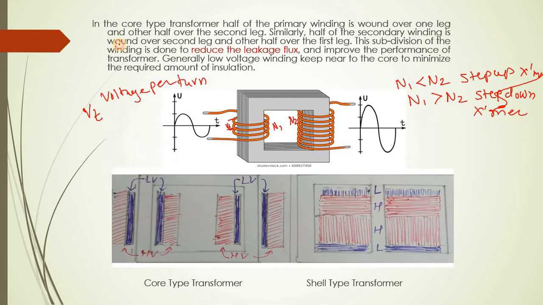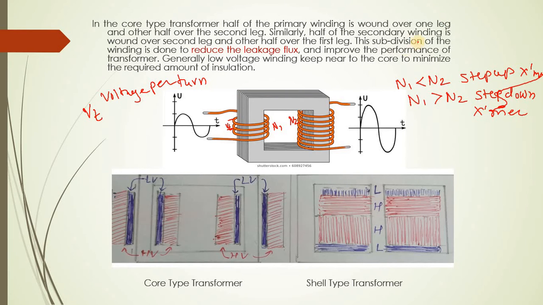Now in the core type transformer, half of the primary winding is wound over one leg and half over the second leg. Similarly, half of the secondary winding is wound over the second leg and the other half over the first leg. Means on this vertical limb or leg, both the windings are wound, whether it is primary winding or secondary winding.